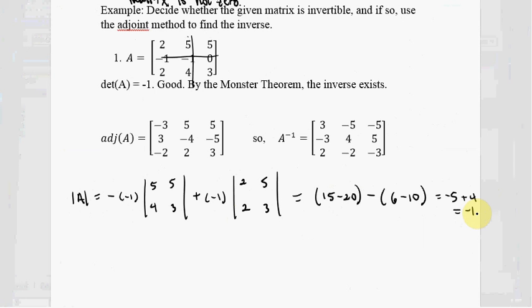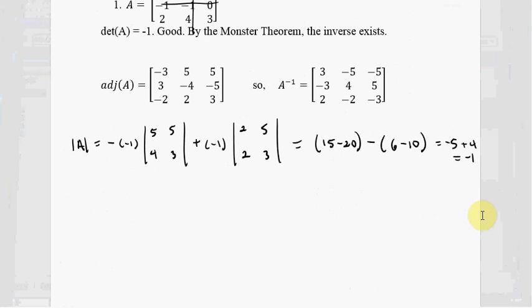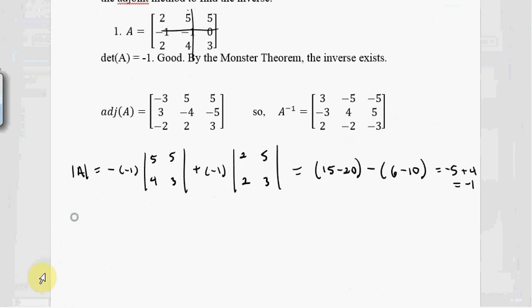To find the adjoint, you first find the matrix of cofactors. I'm going to just do them in my head, and just remember that for the cofactors, it's the sign times the minor.